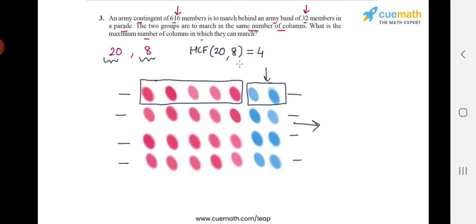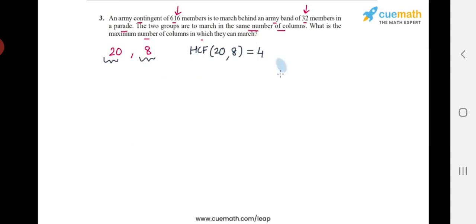In fact, another way to march in the same number of columns is to have, instead of 4 columns, only 2 columns, because 2 is also a factor of both 20 as well as 8. So let me show you this arrangement with 2 columns. We could organize the 8 band members into 2 columns with 4 band members per column, like this.